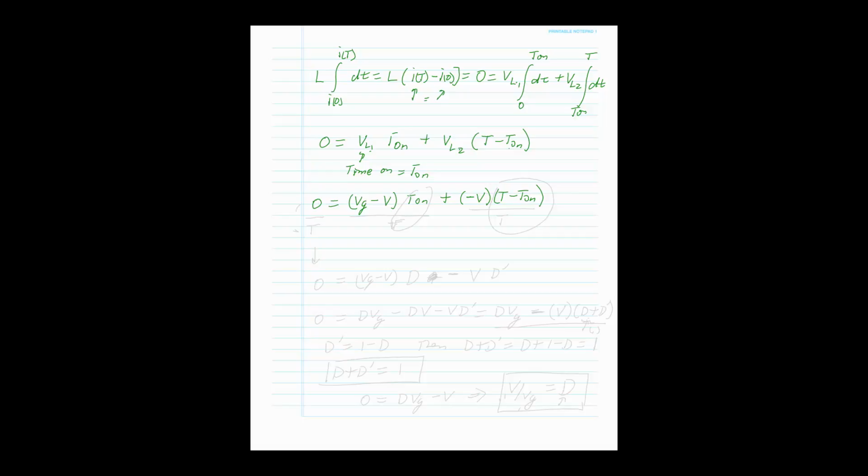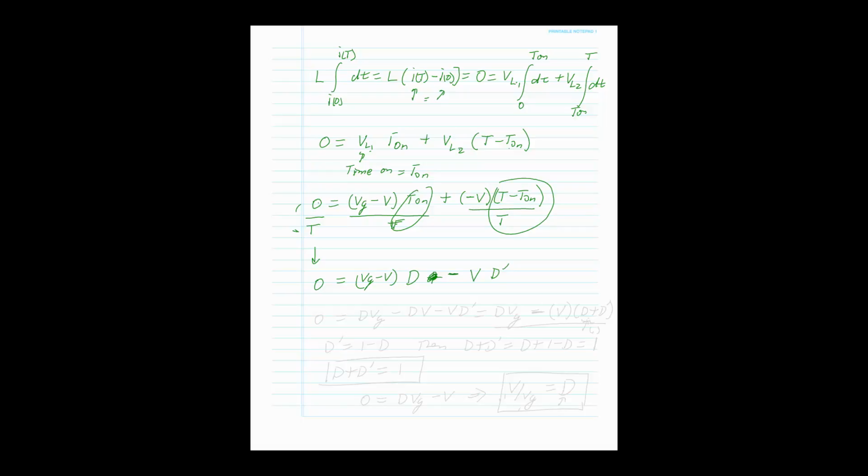Now we can divide both sides by T. That means everything is divided by T. So we notice that 0 over T is still 0, and this becomes Vg minus V, and this becomes T on over T, that's D. Plus, there's a minus here, so a plus times a minus is a minus V, and this portion now is D prime.